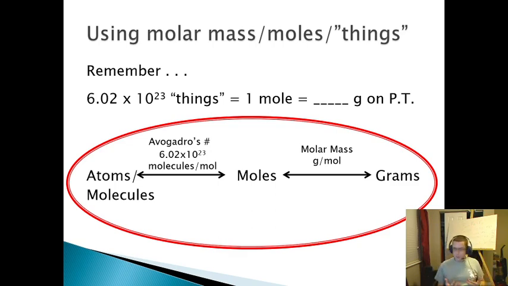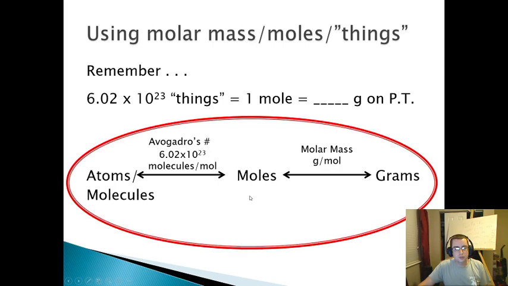So anytime that we want to convert between these units, we're going to use this roadmap. Kind of like how we set up roadmaps when we were doing dimensional analysis to begin with, where you started with something and you ended with something, and we try to figure out what went in between. This is that already set up. So if I'm starting with grams and I'm trying to get to moles, I can go straight from grams to moles as long as I use molar mass in my conversion.